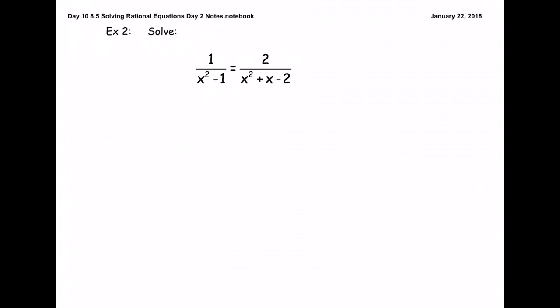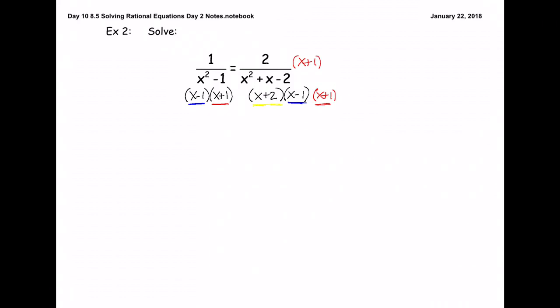When we look at example number 2, make sure you factor all your denominators, x minus 1, x plus 1. X squared plus x minus 2 factors to x plus 2 times x minus 1. Find your missing pieces. We have an x minus 1 and x minus 1. We have an x plus 1. We're missing an x plus 1.